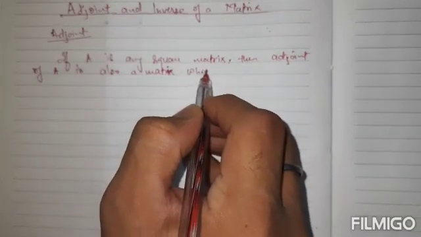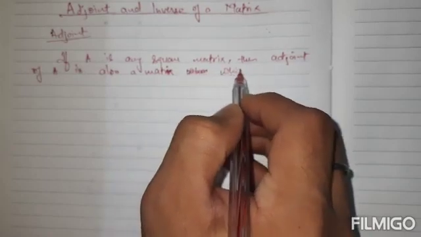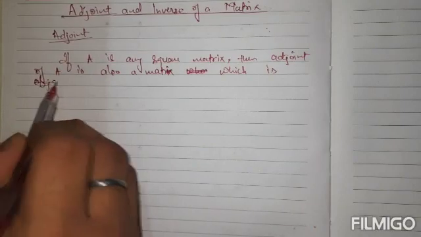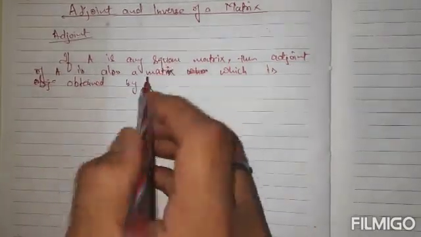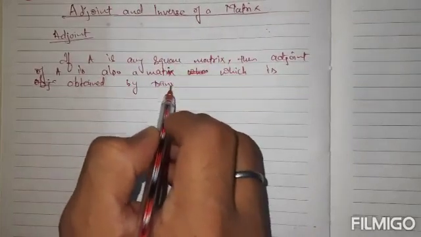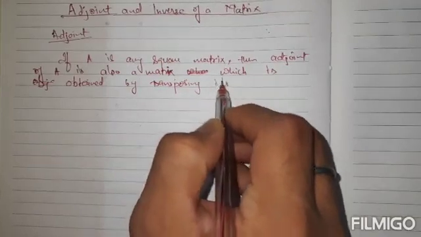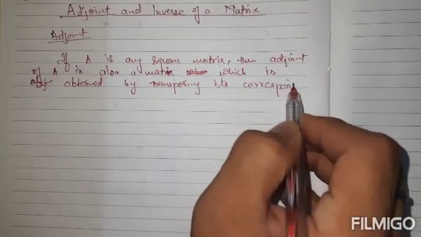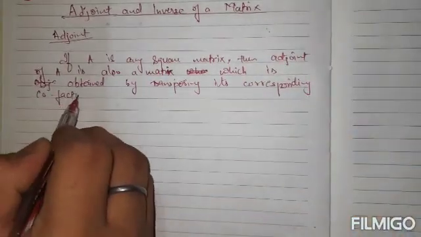which is obtained by transposing its corresponding cofactor matrix.